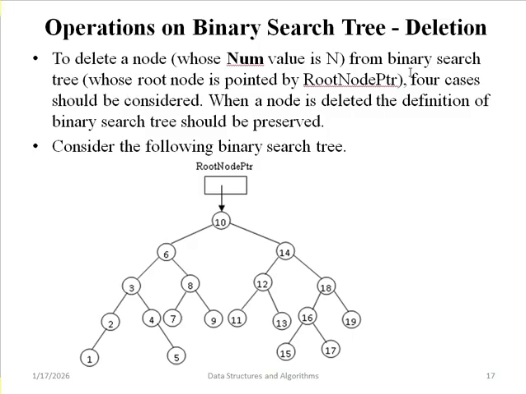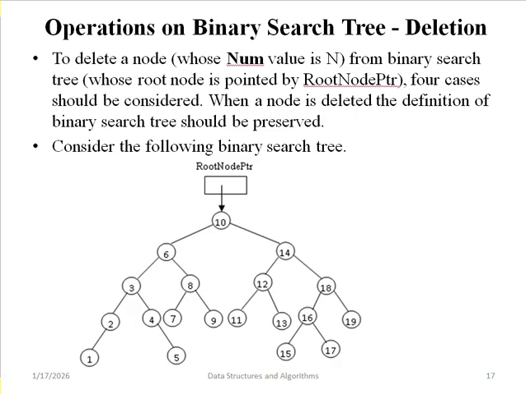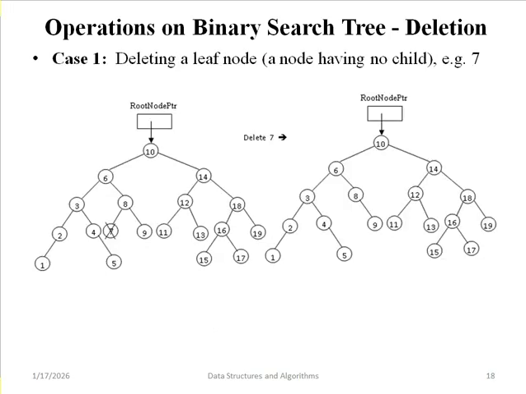For example, if we consider this tree for applying the delete operation. Case 1: if the delete operation is applied on the tree to remove node 7, that is deleting a leaf node or the terminal node, having no child, we can simply remove it, because the resultant tree will not violate the binary search tree requirements.